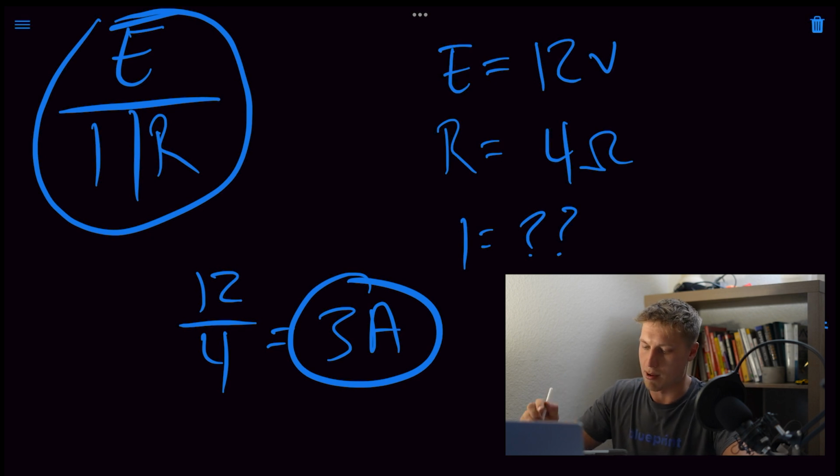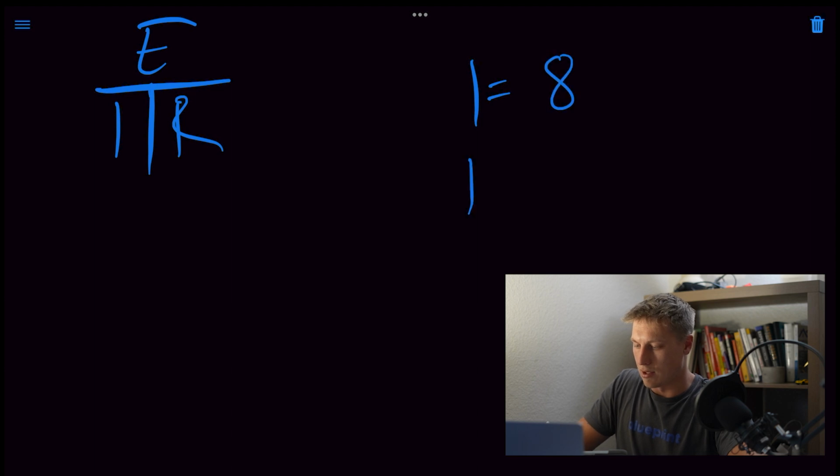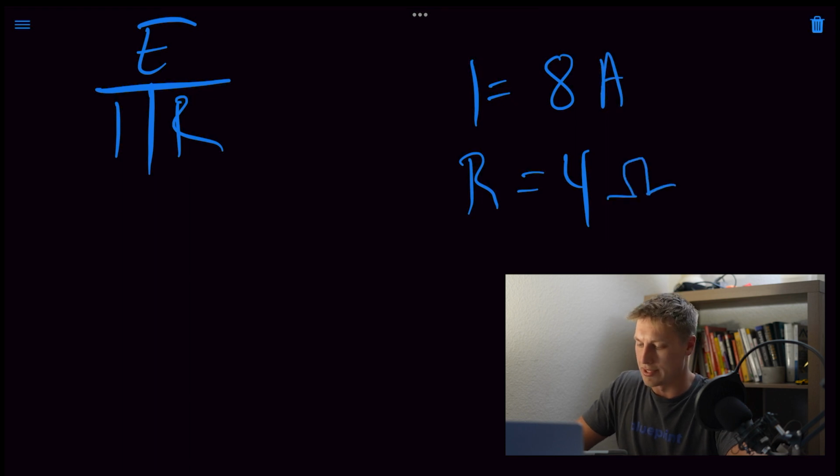So I'll give you guys another problem. Let's say I equals 8 amps and R, resistance, equals 4 ohms. What does E equal?